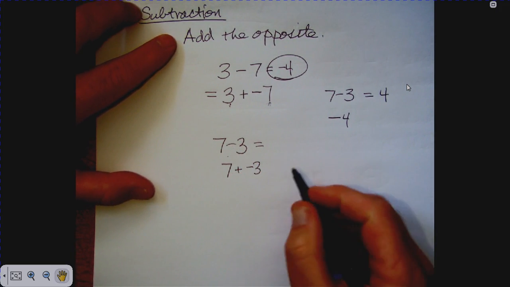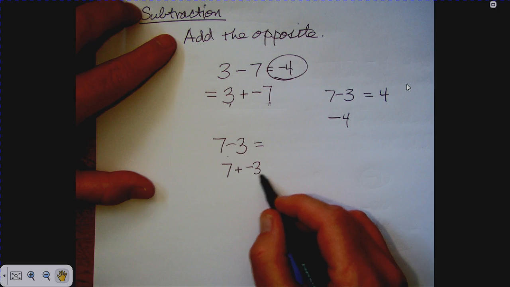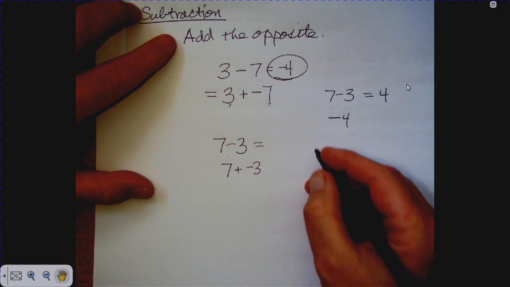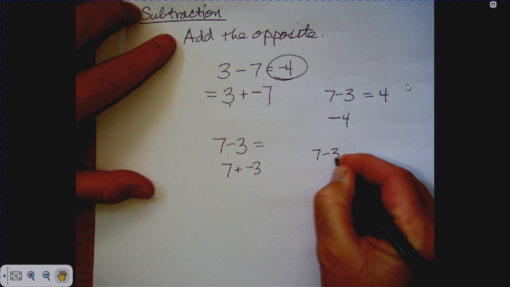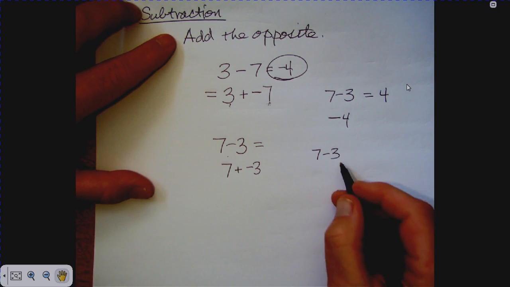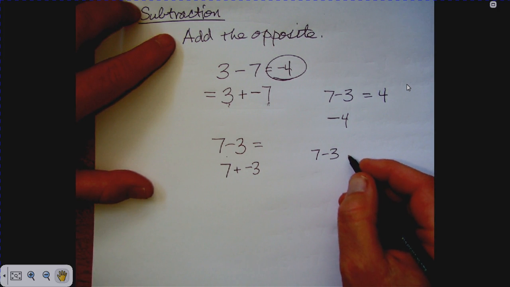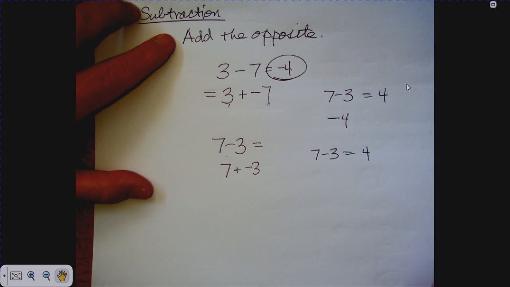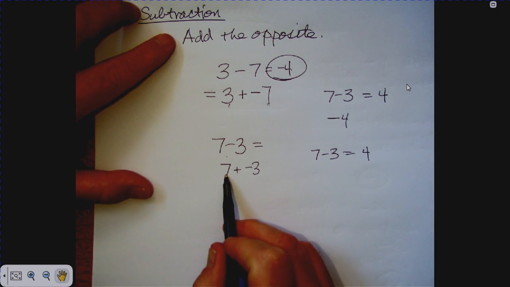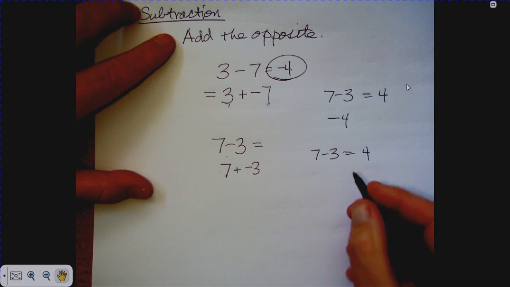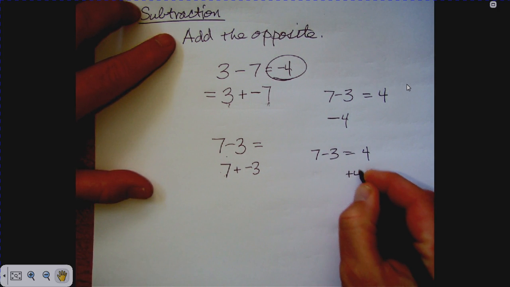The rule for addition with different signs is we take the difference in the absolute values, and we get a 4. We go back to these two numbers. 7 is bigger than 3. We're going to give it the sign of the 7, which is positive. Our answer is positive 4 here.